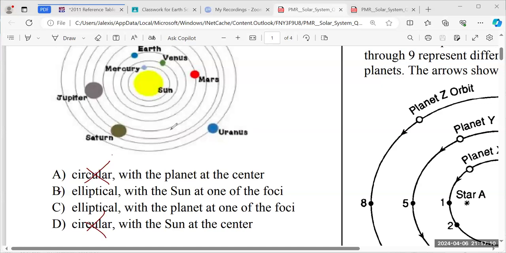And it has to be with the sun at one of the foci, because all the planets are orbiting around the sun. So if a comet is orbiting around the sun, then the sun is at one of the focus points. So the correct answer is choice B.